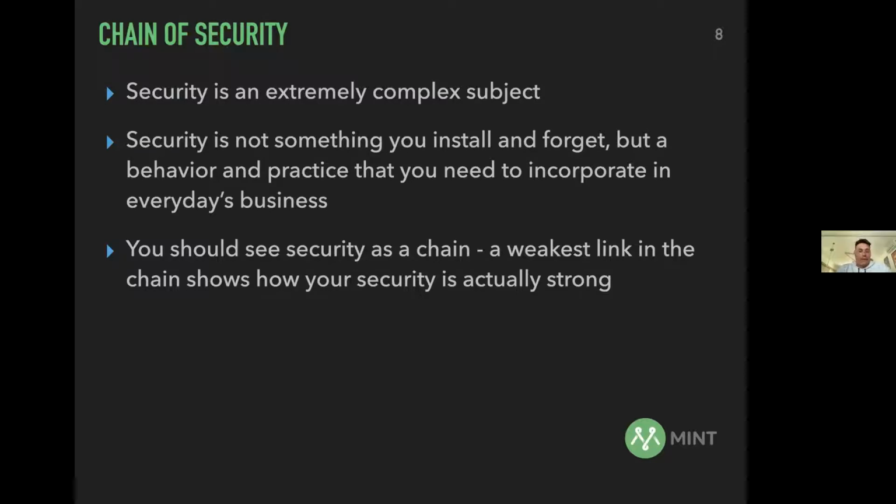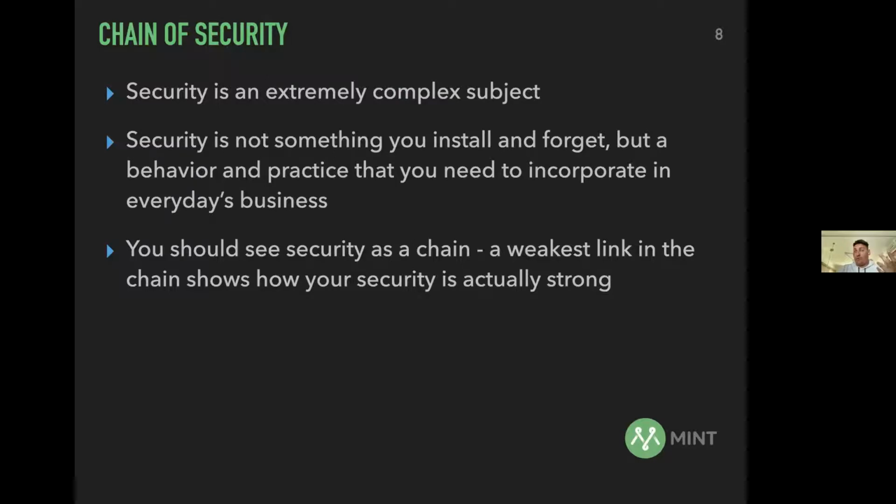So you can have a very strong chain, but in the middle one very weak link, and basically that very weak link determines how good security is. It doesn't matter if you're talking about WordPress security or any other type of security. This is basically the same for everything else.